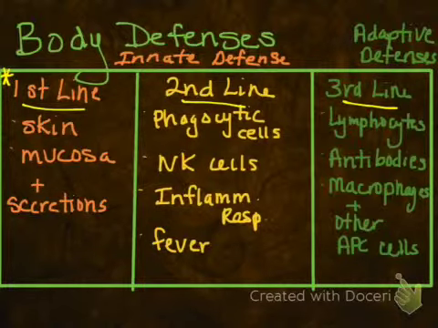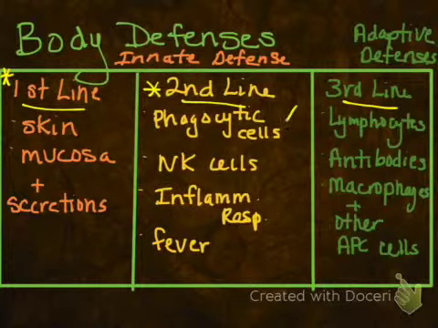We then have our second line of defenses that are also part of our innate immune system. So if the skin and the mucosal membranes are breached, then we have other stuff that will come in to help. We have different types of cells. We have phagocytic cells, which are neutrophils and monocytes. Neutrophils are the first ones on the scene. They'll phagocytize and die.